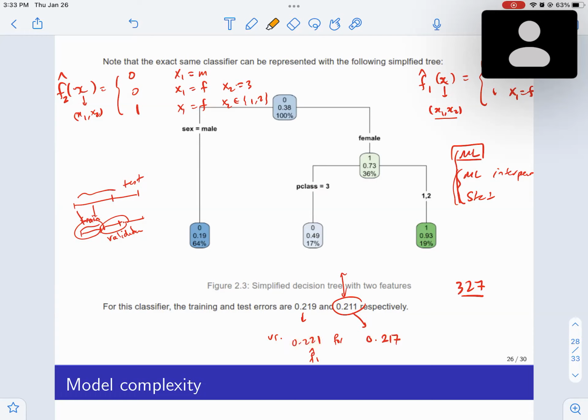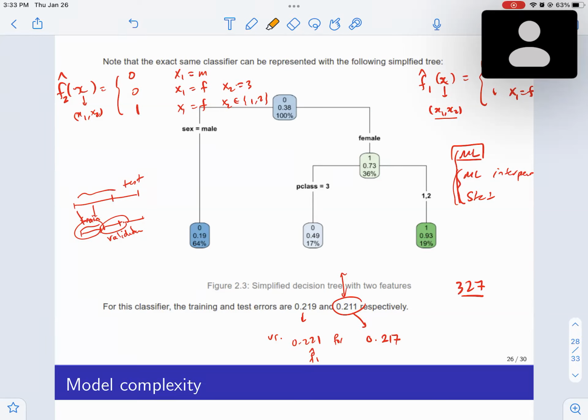So comparing the test errors, we see that the classifier that uses both covariates or both features seems to do a little bit better.